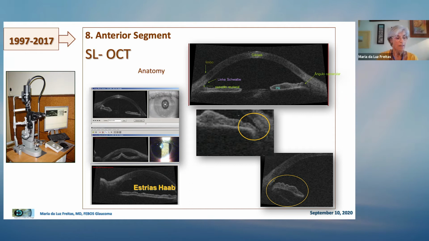My experience during this time was essentially with the SL OCT, allowing identification of iris structures and alterations, even retro-iridian, as you can see in the last image, an iridian cyst.